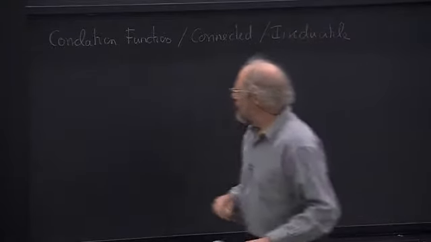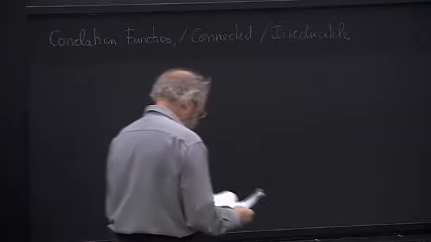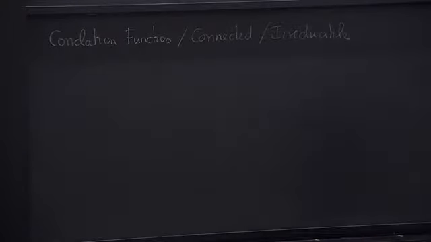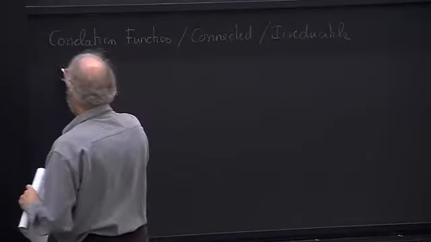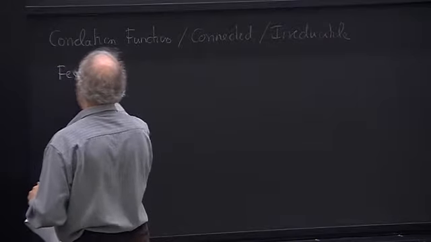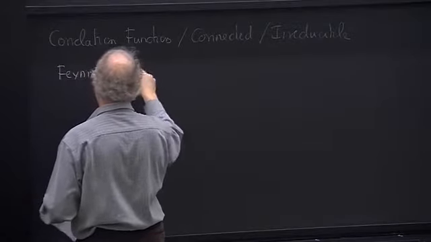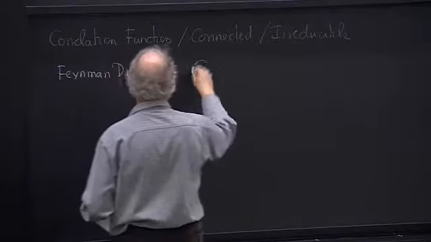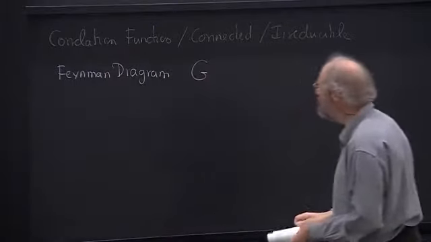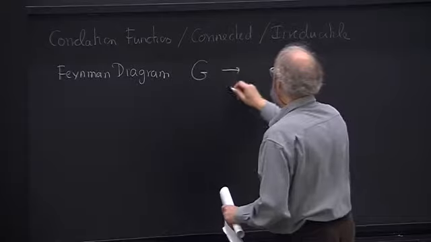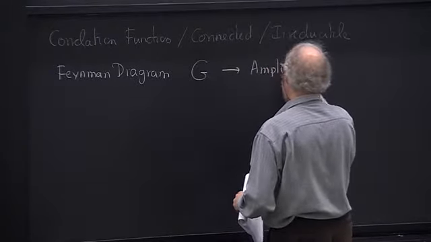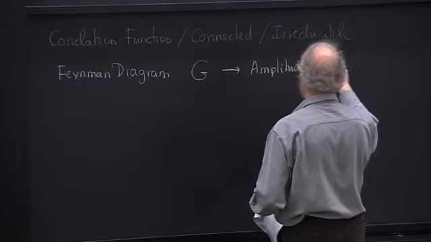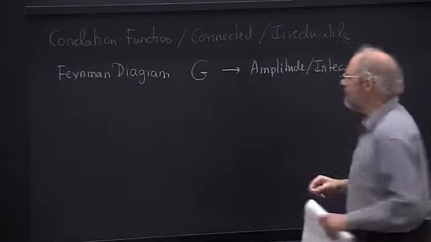So I'm going to define, to a Feynman diagram that I'm going to call G, as in graph, so G is a graph, I associate an amplitude or a Feynman integral, which is just the integral associated to that.